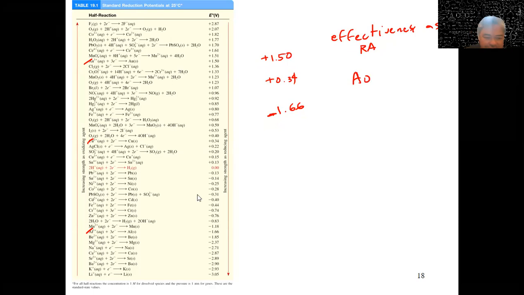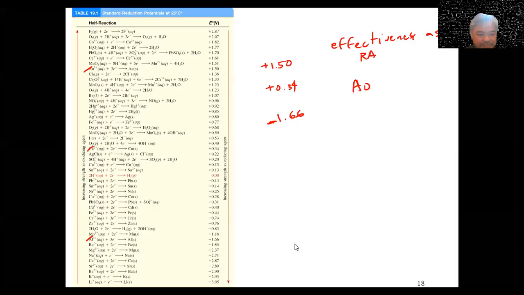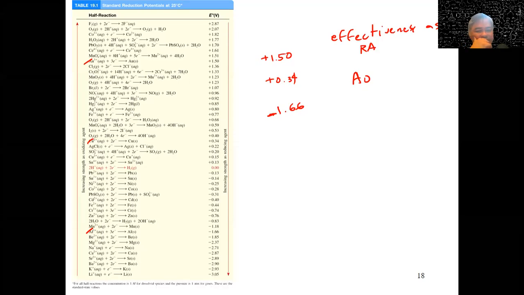So if you're going to look at this, the gold is the one on top. Okay? But isn't it the one it says here, effectiveness as reducing agents? So what does it mean? What usually happens to these species? Are they going to be oxidized or reduced? If they act as reducing agent, ano yung nangyayari sa kanila?